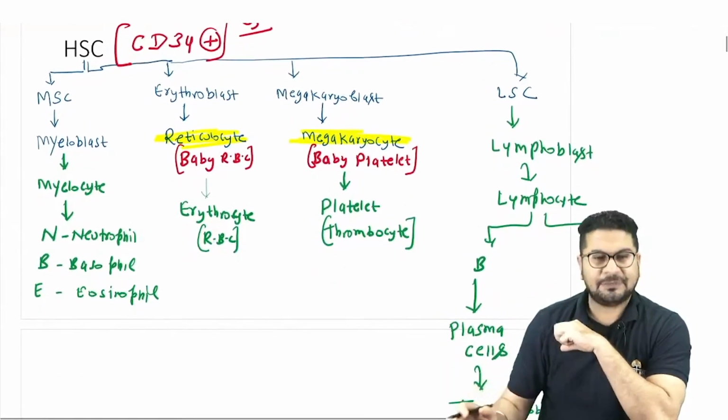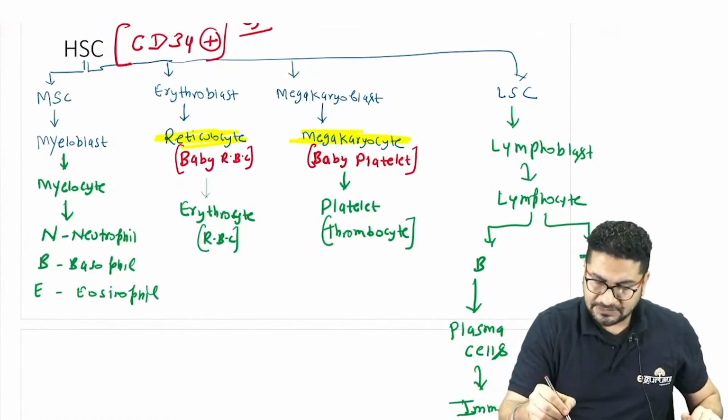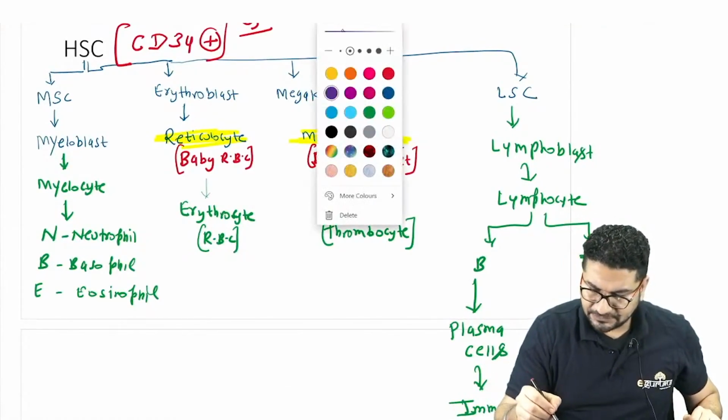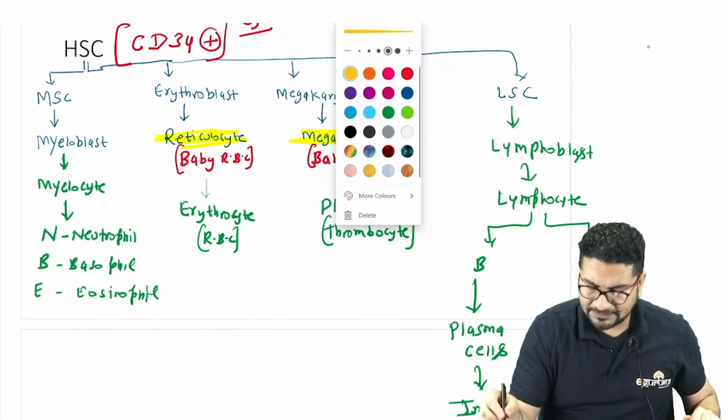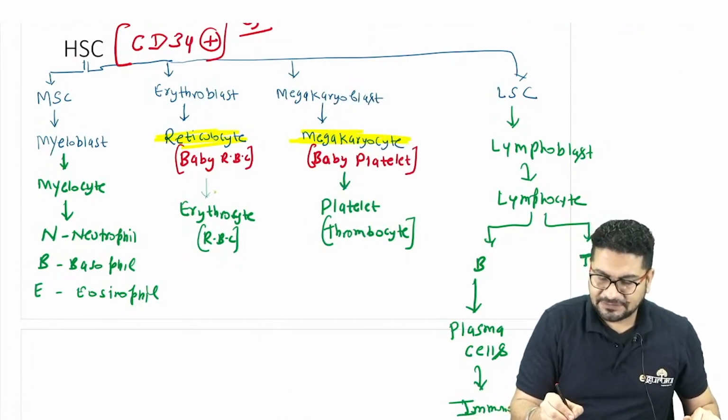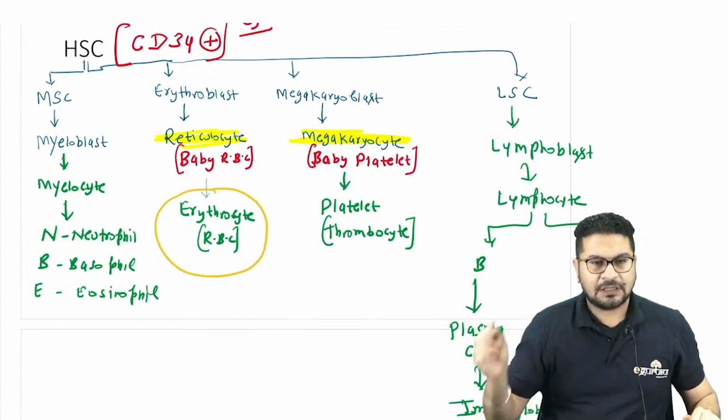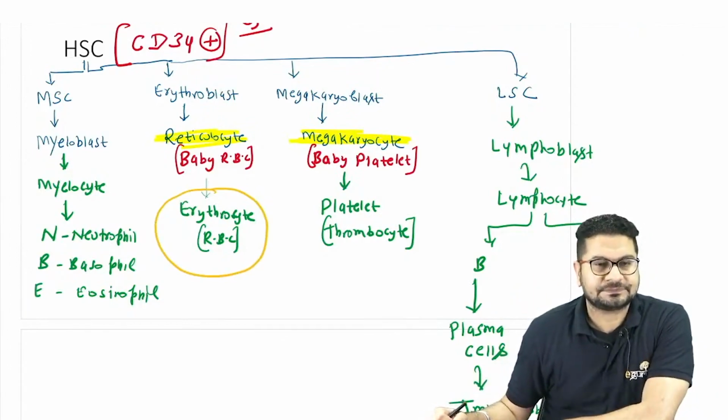Now see, in hematology, what do we need to study? We need to study disorders. Disorders like anemia. Anemia means we are dealing with RBC disorders. Right?